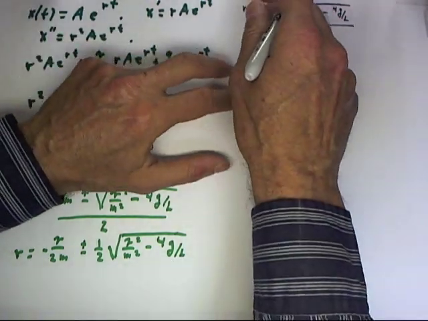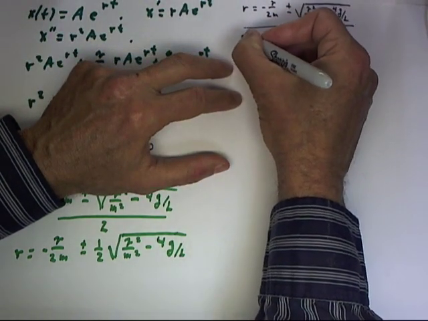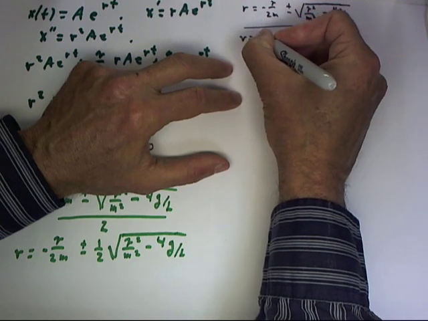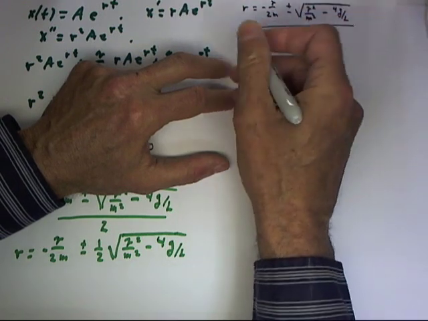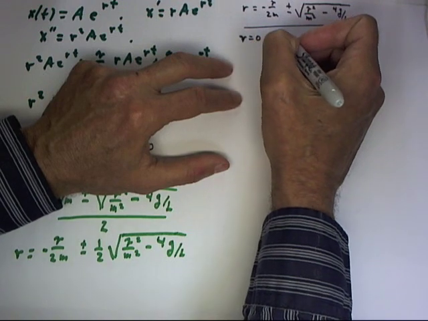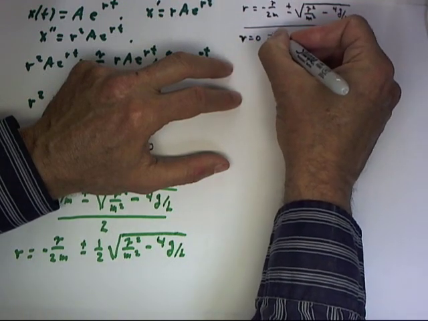So let's just see. If gamma equals 0, not the best gamma I ever made. Okay, if gamma equals 0, then what?